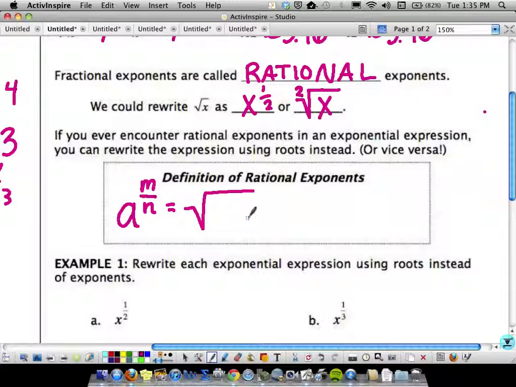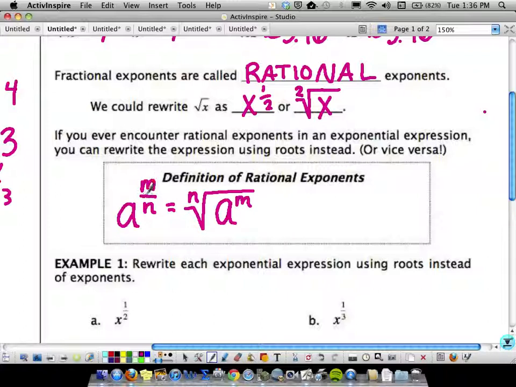You just have to remember where these different items go. That denominator on the rational exponent, the n, that's like the type of root we're taking. So that number goes in front of the radical. Underneath the radical, we're going to put our base. And the m, the numerator on that original exponent, is going to still be an exponent on the a.